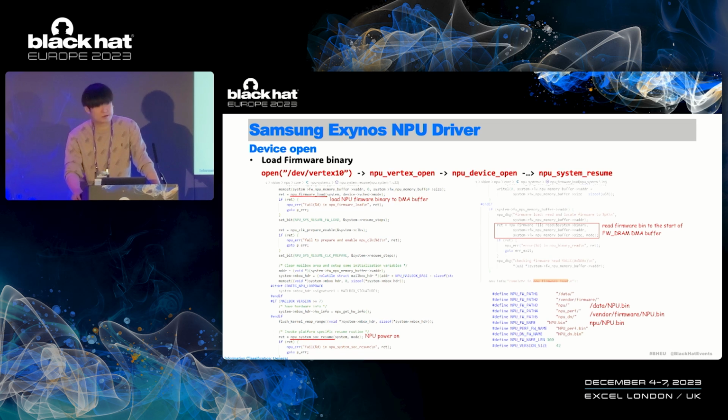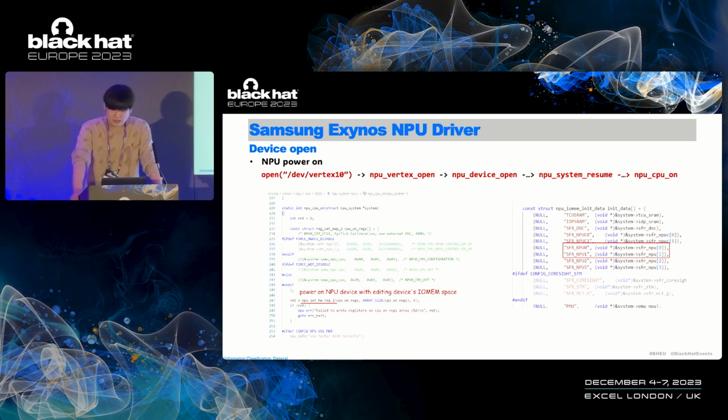The kernel will try to load firmware from one of these paths. And the image is not encrypted or signed, so we are able to run our modified program on the NPU core, such as hook functions or print debug messages. After loading the NPU firmware, the kernel will power on the NPU control processor, and the NPU will begin executing the firmware RTOS.